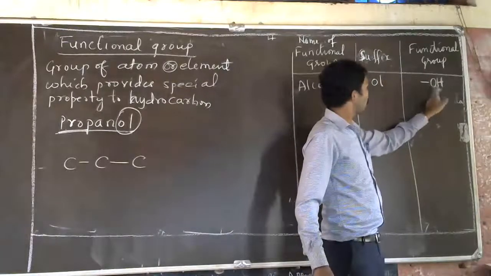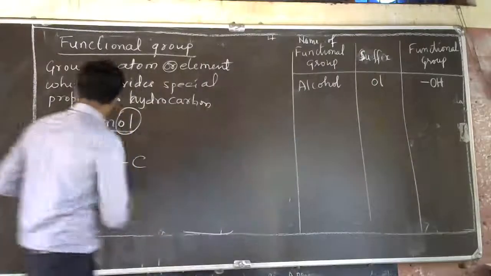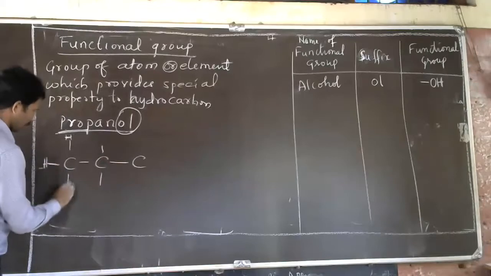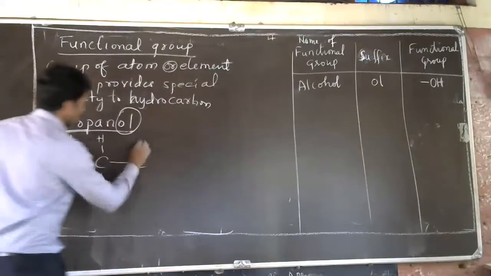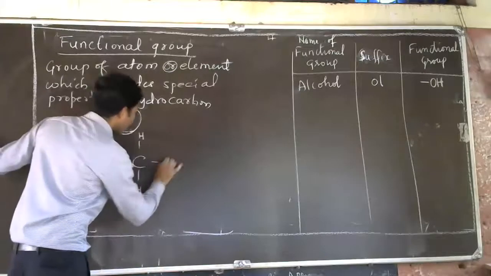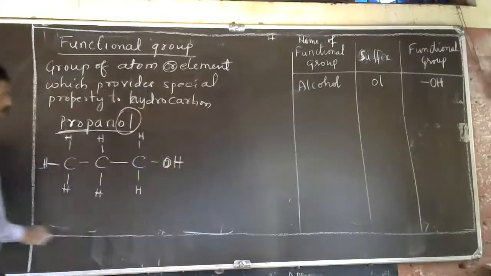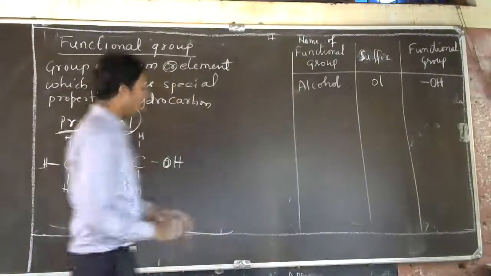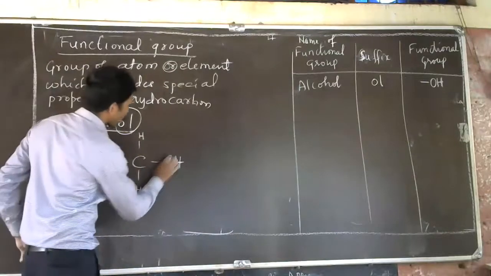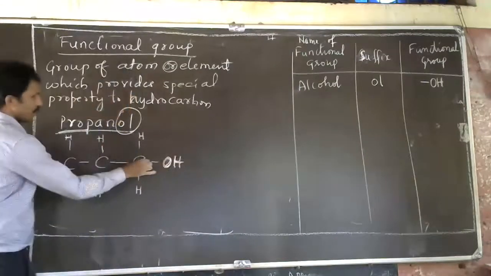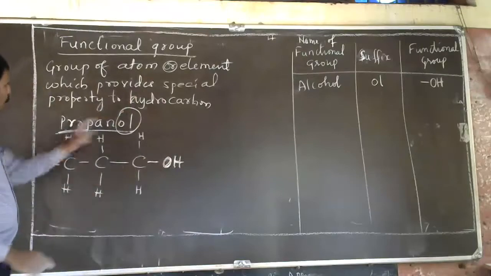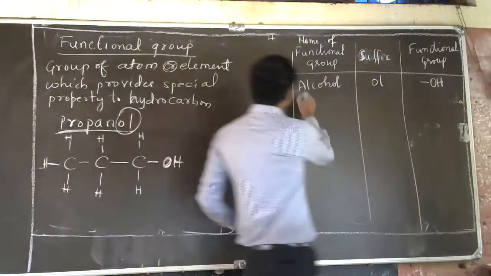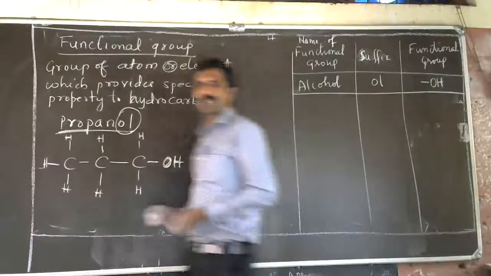When OH is added to this, prop means 3 carbon atoms and one OH is added, it becomes propanol. This is given in your textbook, just go through that.